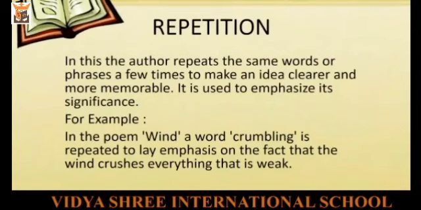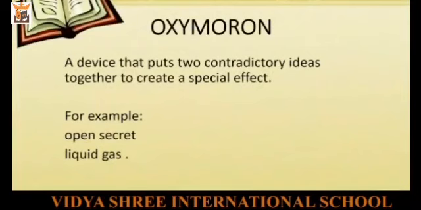So, whenever a word or a phrase is repeated a few times, there we can say that the author has used the literary device repetition. Clear? Our last literary device is oxymoron.